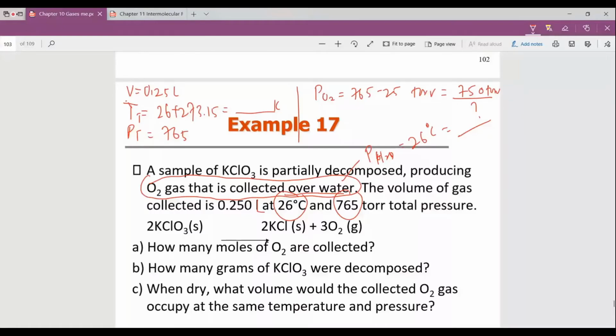Then substitute into the formula PV equal to nRT. You need to find n, number of moles of O2. Number of moles of O2 is PV over RT.